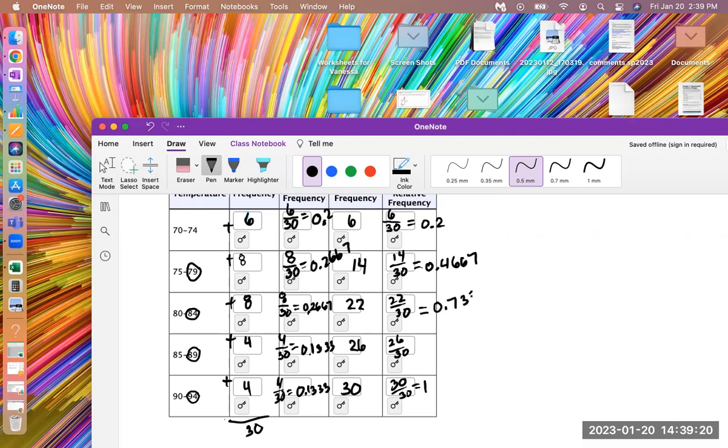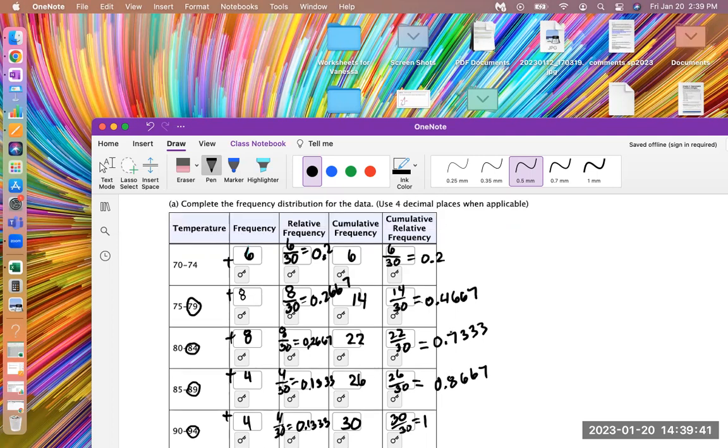And then 26/30 is 0.8667. All right, and that's how you do the frequency, relative frequency, cumulative frequency, and cumulative relative frequency in a frequency distribution. All right, bye.